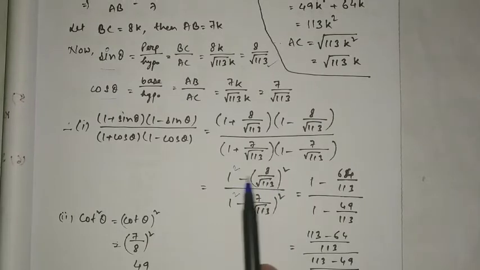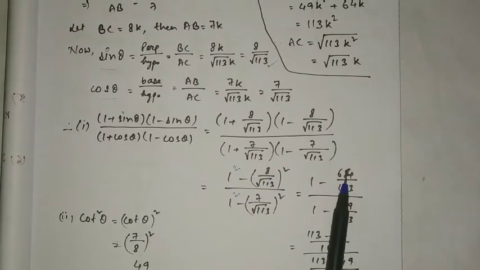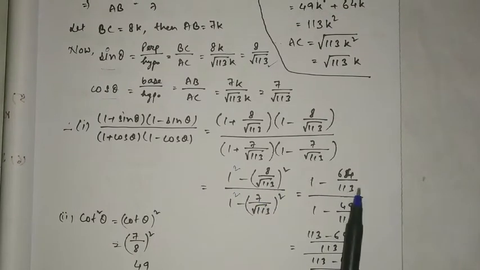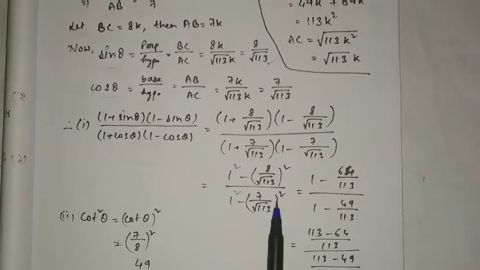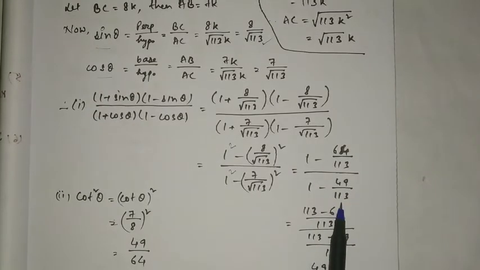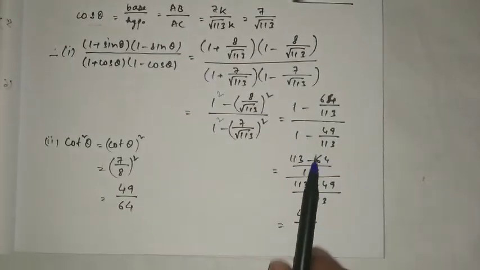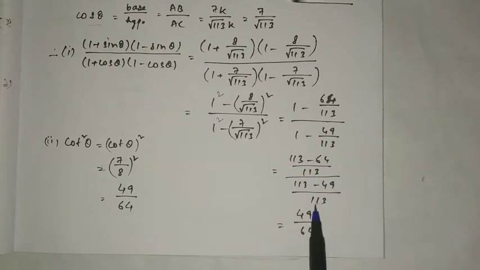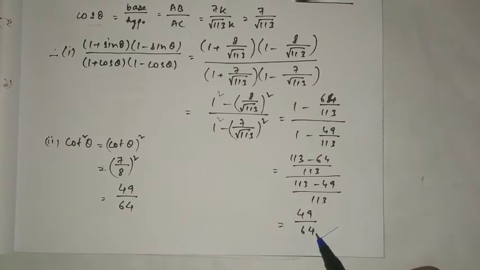Then we see that 1 square is 1 and 8 square is 64, and root over 113 square is nothing but 113 itself. Then from the denominator also we get 1 minus 49 by 113, and then we solve it. We take the LCM 113 and it becomes 113 minus 64. Again 113 in the LCM and it becomes 113 minus 49, and ultimately we get the value 64 by 49.